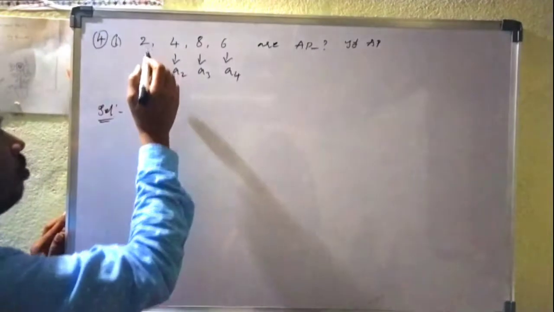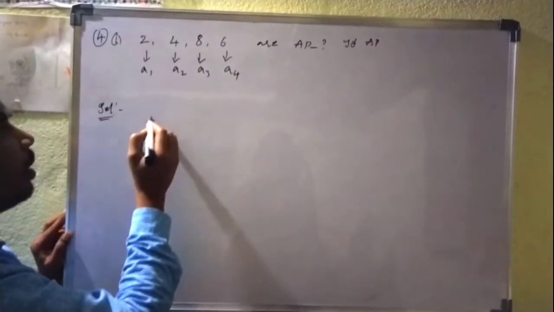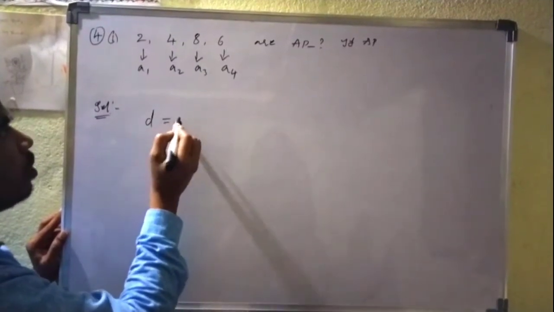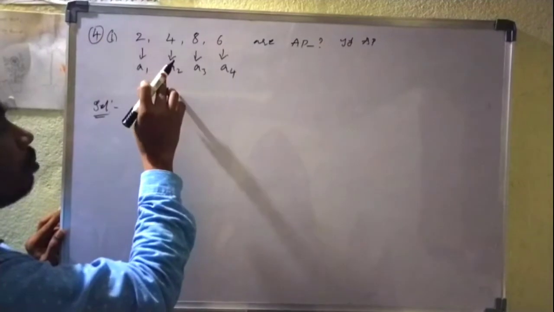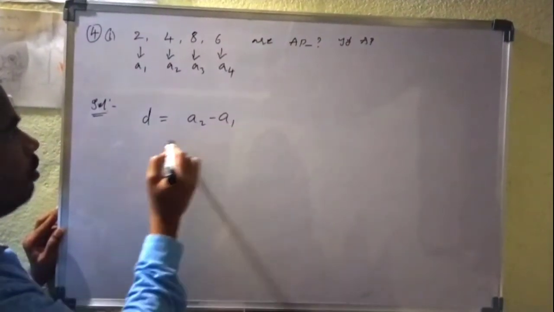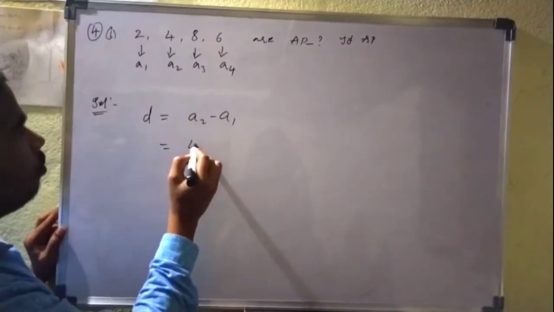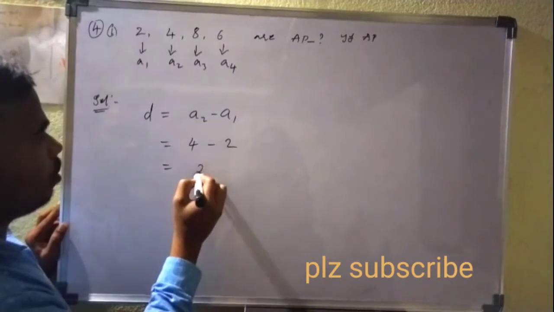So first term a1, a2, a3, a4. So the common difference is any succeeding term minus preceding term: a2 minus a1, a2 is 4, minus 2, a1. So 4 minus 2 is equal to 2.